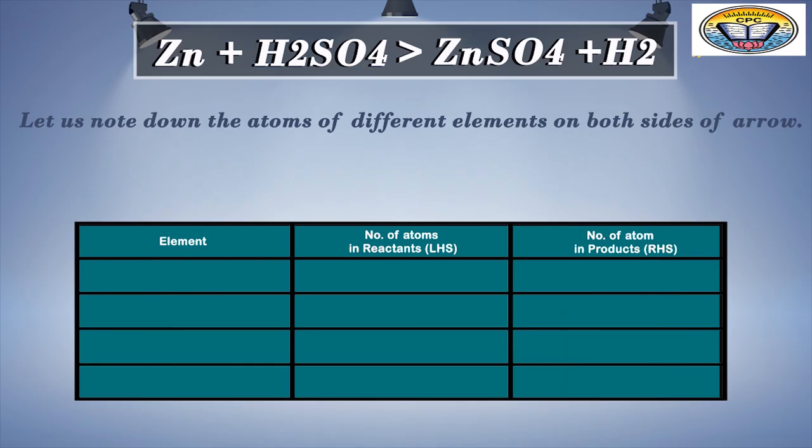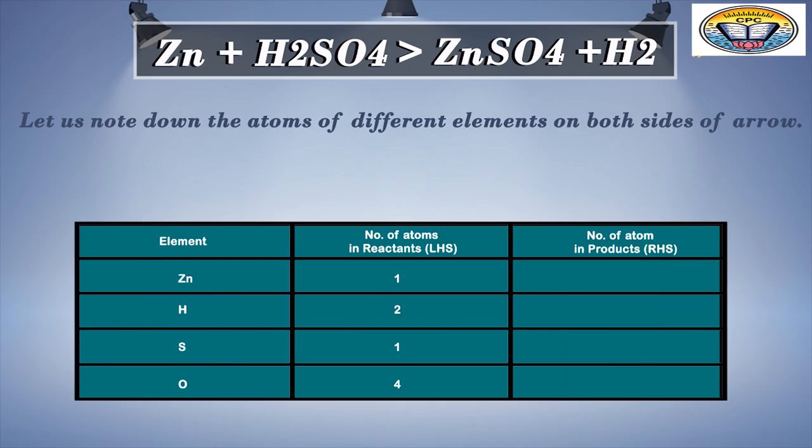In the element section, let us note down all the elements in the reaction: zinc, hydrogen, sulfur and oxygen. The number of atoms in the reactants: zinc 1, hydrogen 2, sulfur 1, oxygen 4.